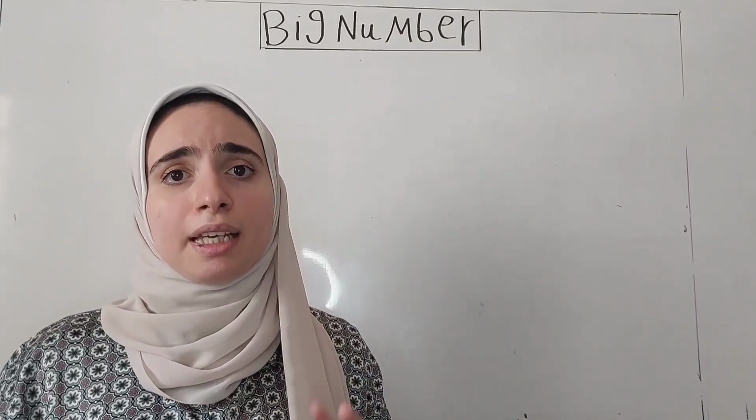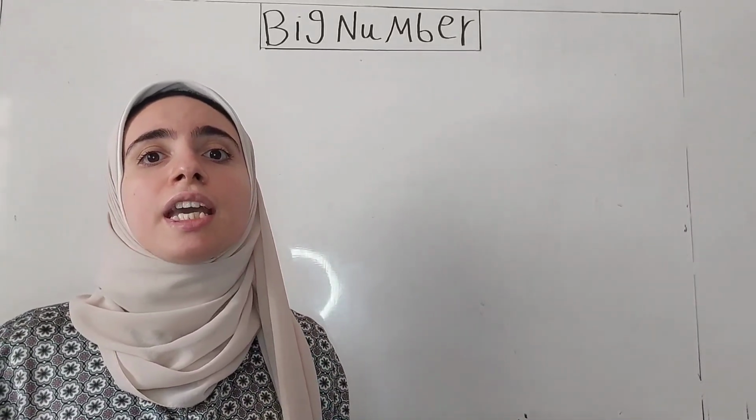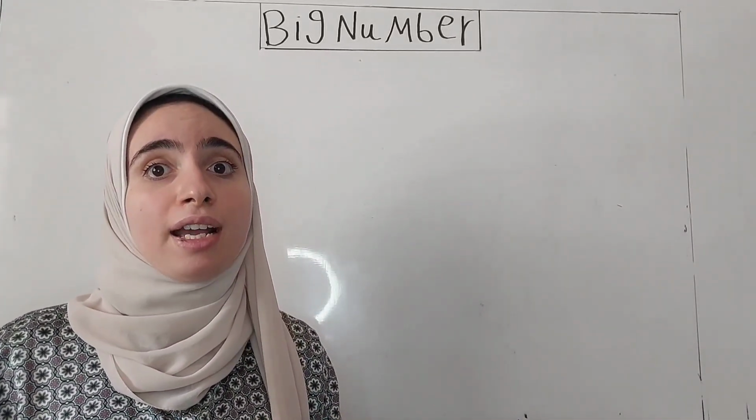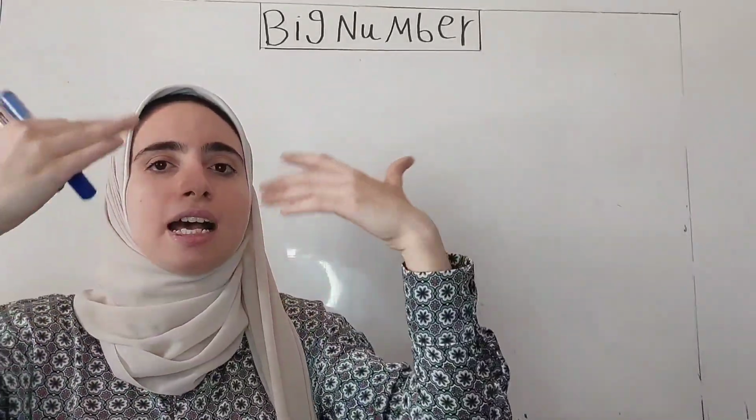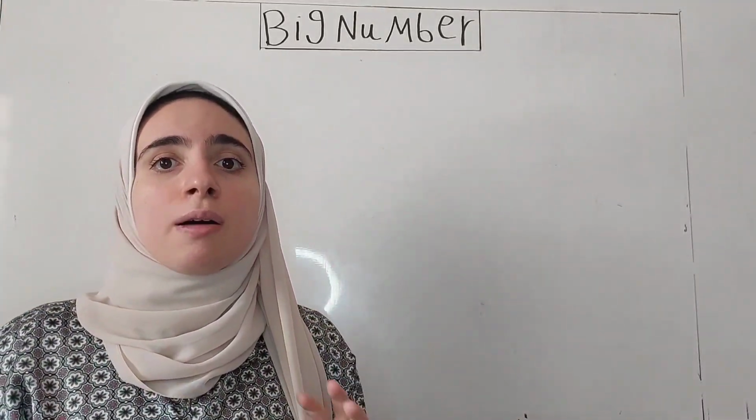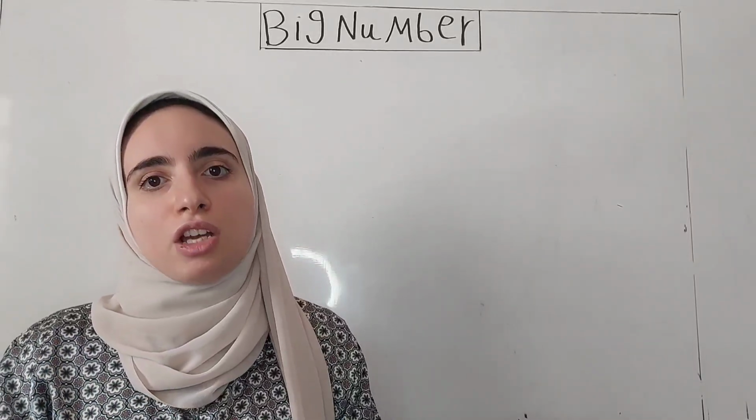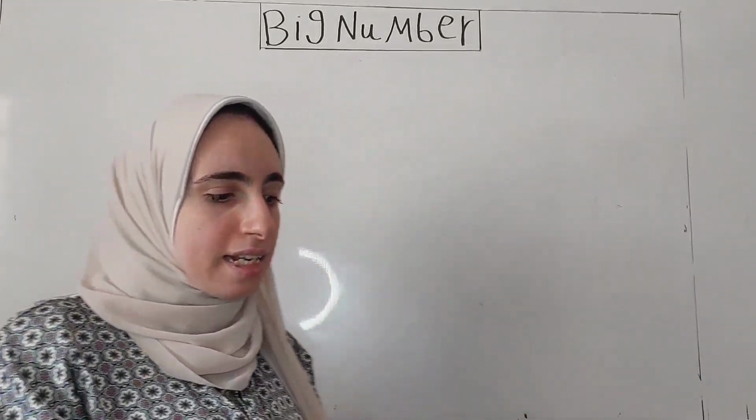The third topic in this lesson is about how we can write the largest number and the smallest number by using more digits. Let's take an example.